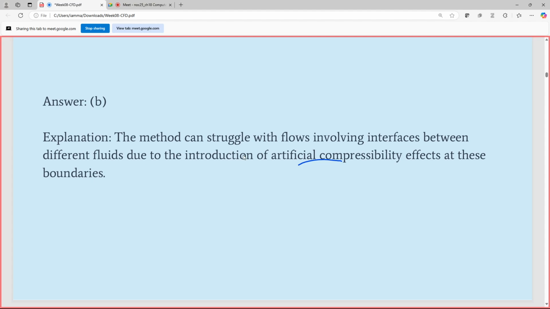So it is not suitable for solving flows with multiphase where the interface between the fluids is more evident.